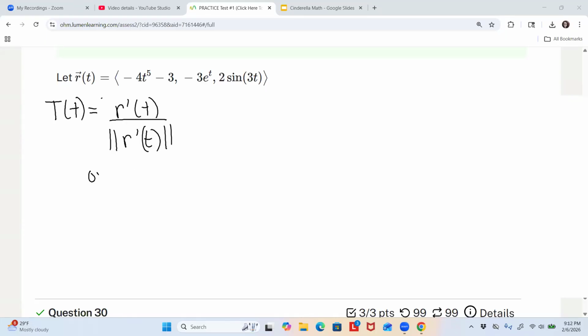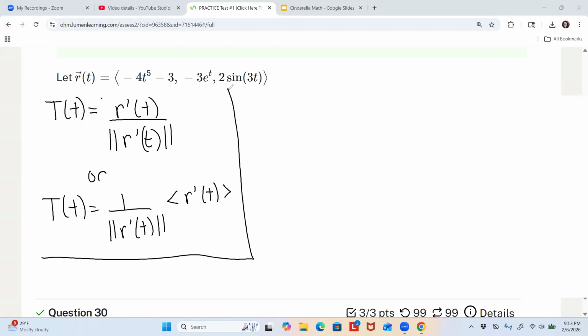Or you could do 1 over the magnitude of the derivative times r prime. So it's very much like the unit vector that we had a few questions ago, similar, because it is the tangent unit vector. Okay, so obviously we need to get r prime.